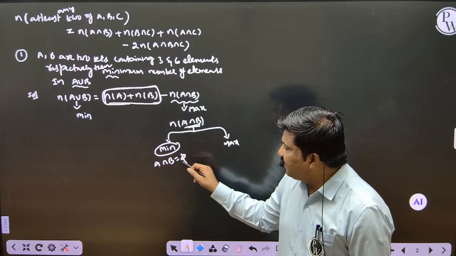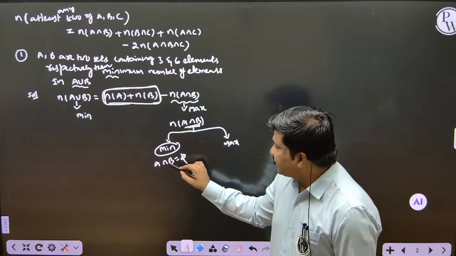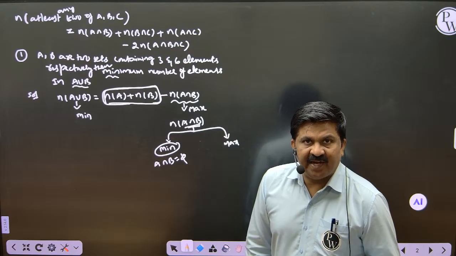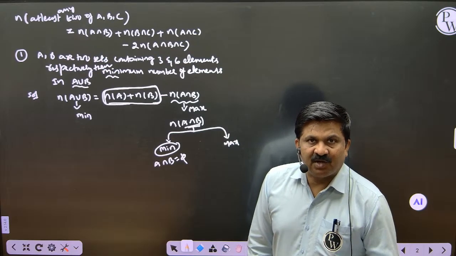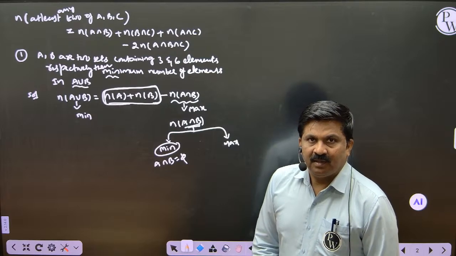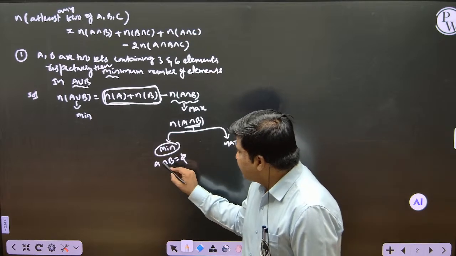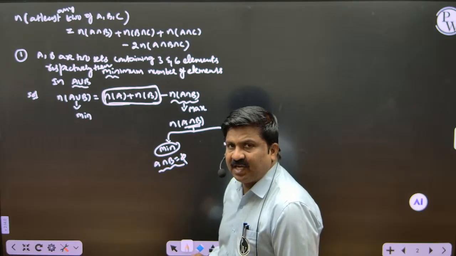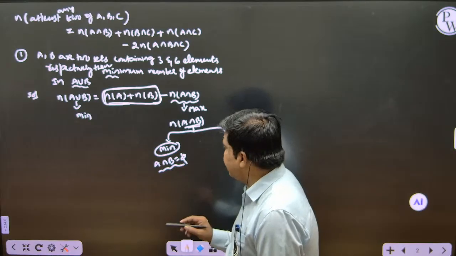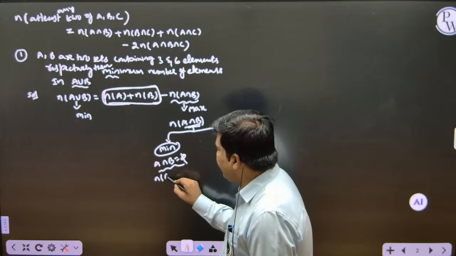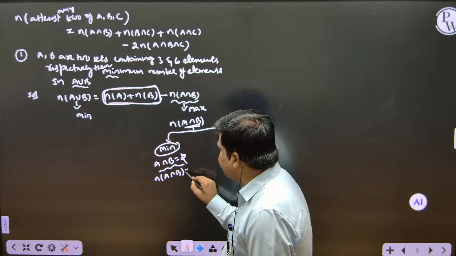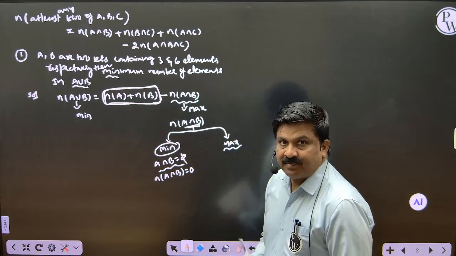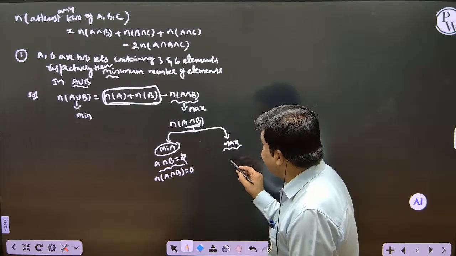A intersection B means common elements of A and B. Common elements are minimum when there is no common element. So A and B must be disjoint sets. In such a case, the number of elements in A intersection B becomes 0.